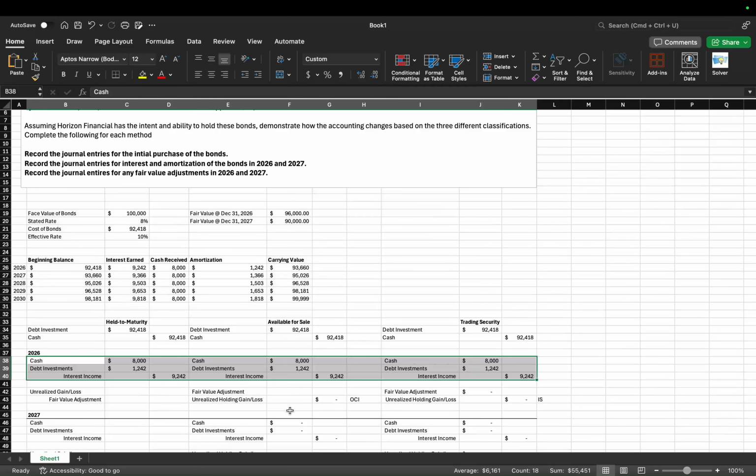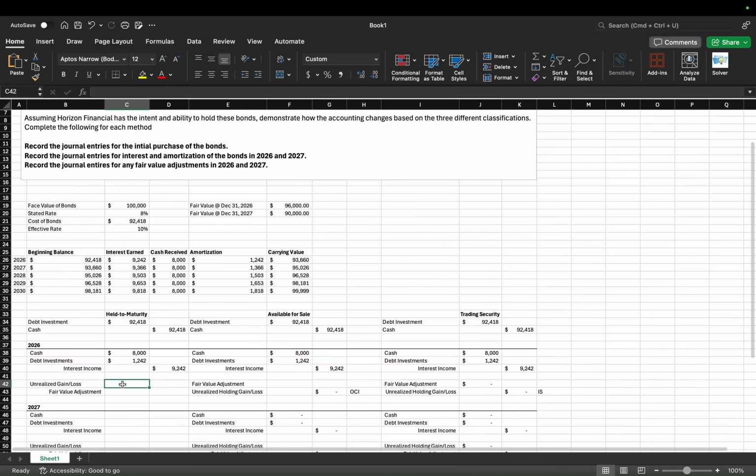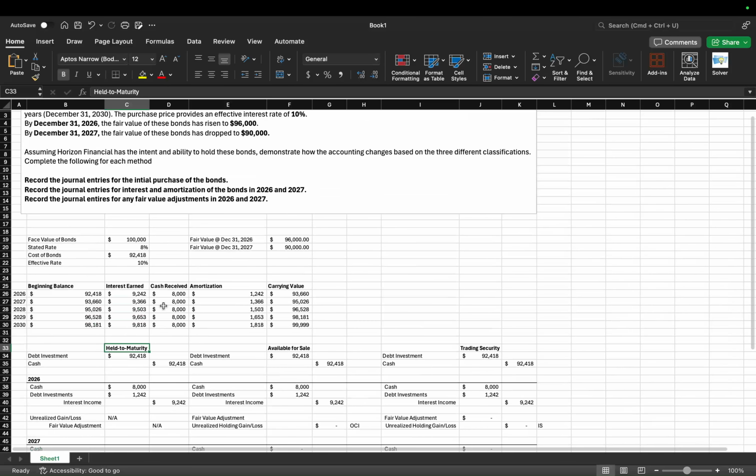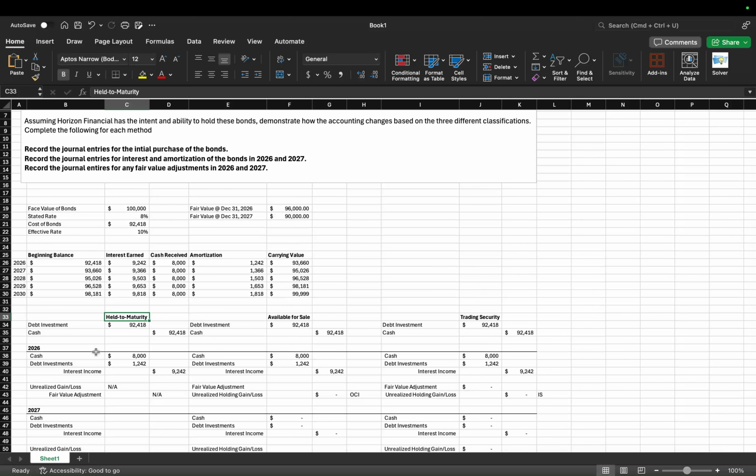Then we move on to any adjustments for fair value, unrealized gains and losses. For the held to maturity method, this does not apply. The reason is that the intent of the company, in our case Horizon, is to hold the bonds till maturity.